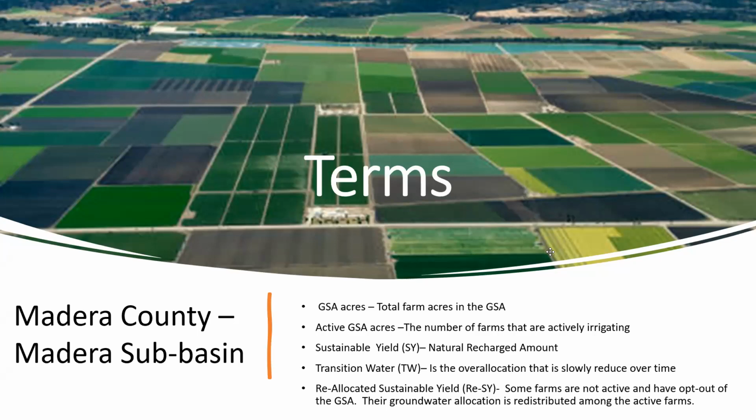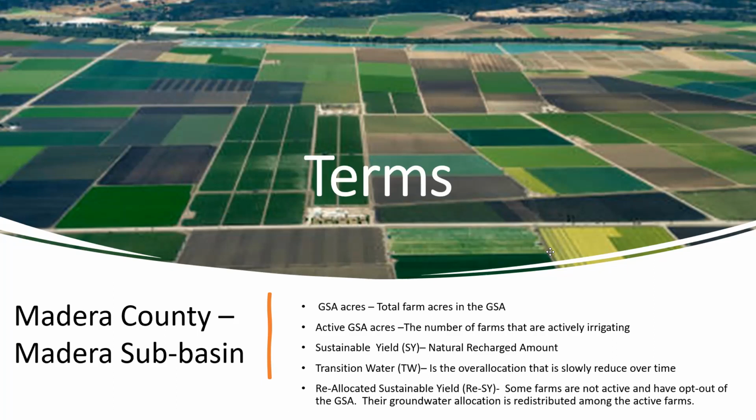The sustainable yield is the natural recharge amount. That's the total amount of water infiltrated through the rain or through storm runoff, seeping into the groundwater. Think of it as a bellows, where the water goes up in the groundwater and then comes back down. It's the amount of water that we can pull out of the groundwater without having a reduction of the groundwater table.